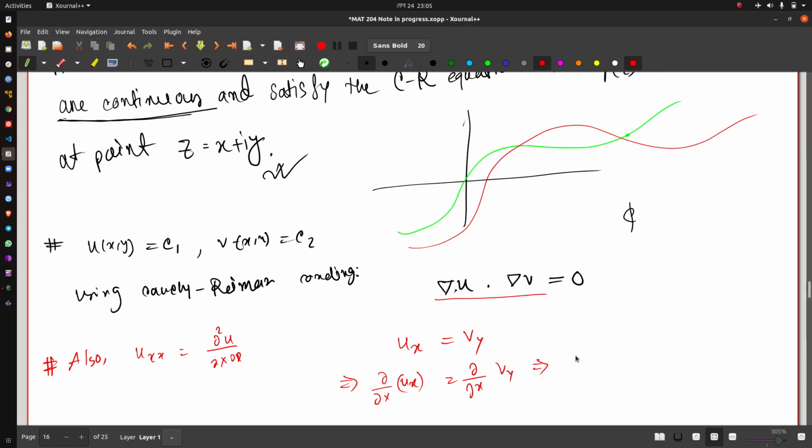In the next line you can write it as uxx equals del square v by dy dx, because partial derivatives are interchangeable.